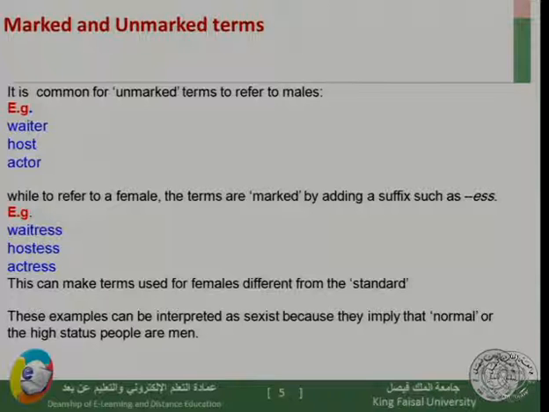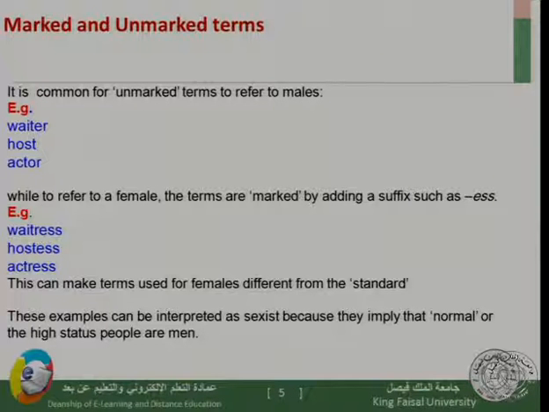Regarding markedness and unmarkedness, if we have another example, it is common for unmarked terms to refer to males. For example, waiter, host, actor, and so on, we know that they refer to a male. While to refer to a female, the terms are marked by adding a suffix, in these examples waitress, hostess, actress. Those terms refer to females.